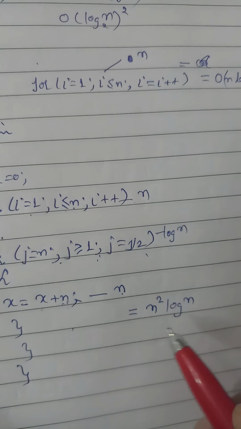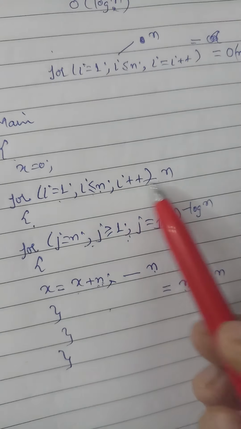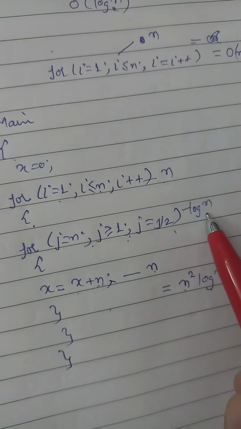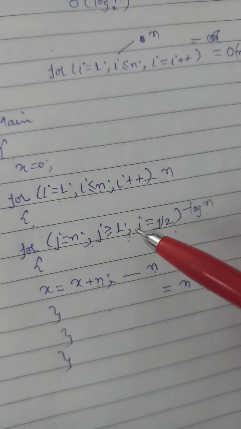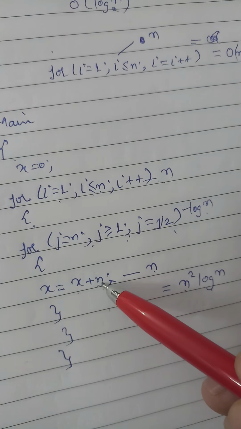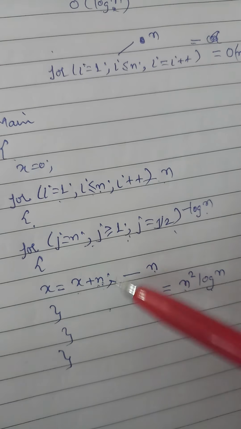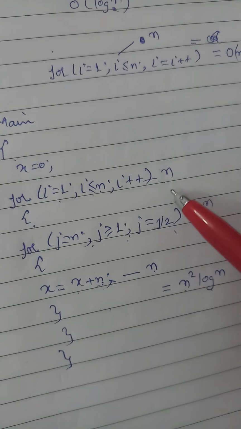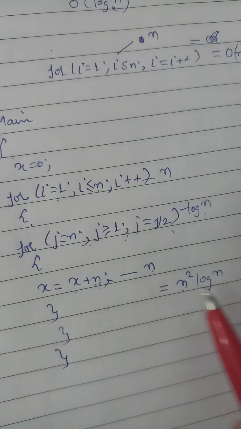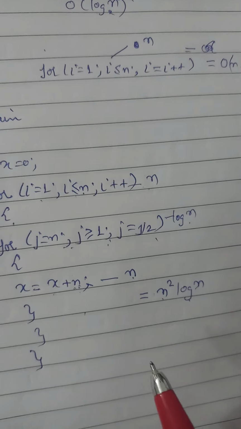According to this we know n, according to this we know log n from the last example. But here x equals x plus n, and initially x equals 0. So every time n is added, it will also run n times. That's why the time complexity will be n square log n.